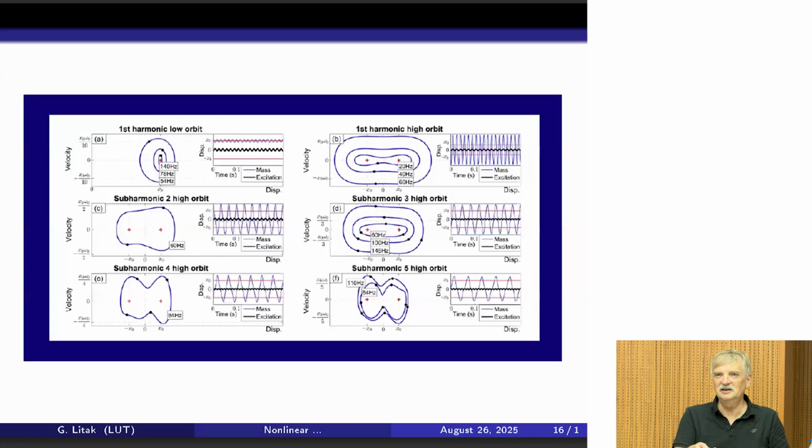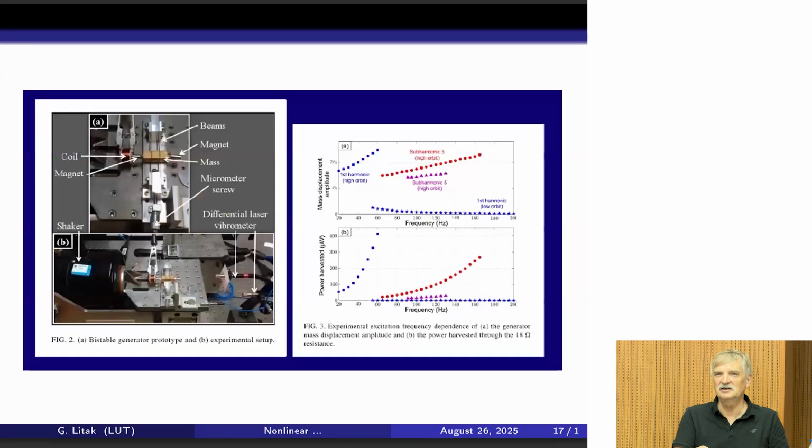And I would tell you what the system is here. It is not so easy to follow, but here is the sample.